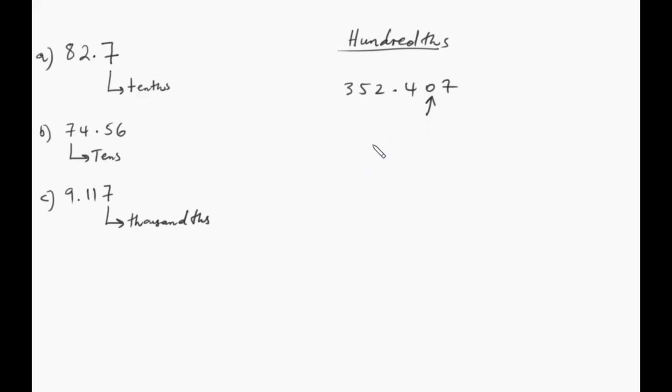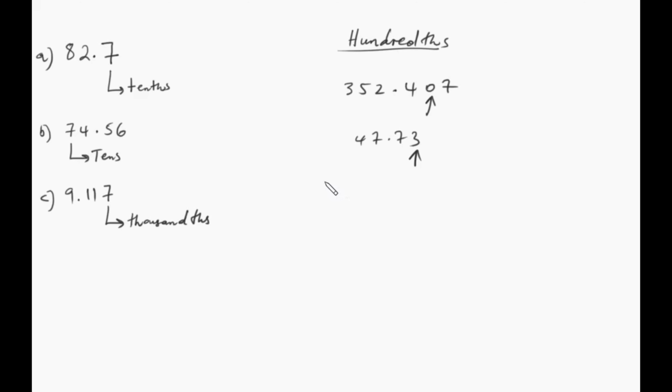So now what about this one? Let's say we have 47.73. Which digit is at the hundredth place value? This is the tenth, this is the hundredth. So that means this would be the digit. Now that is how we are trying to see what we can do with this different aspect here.